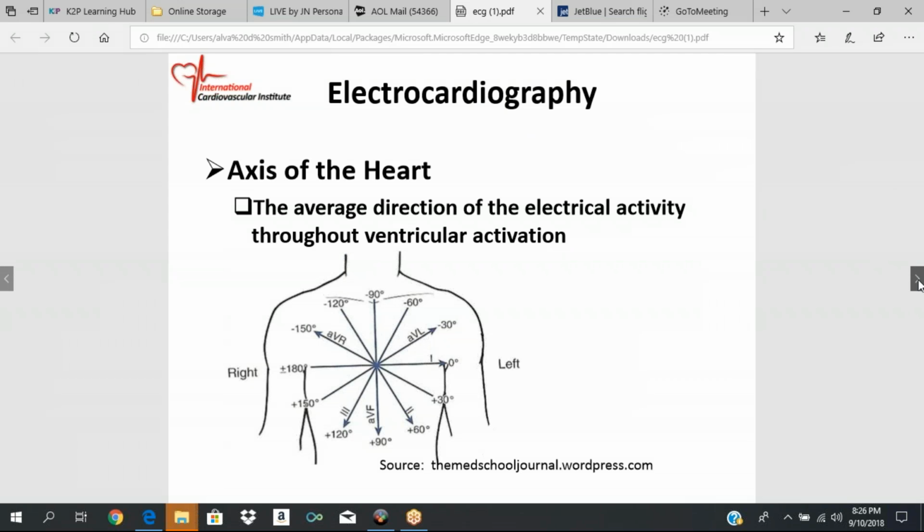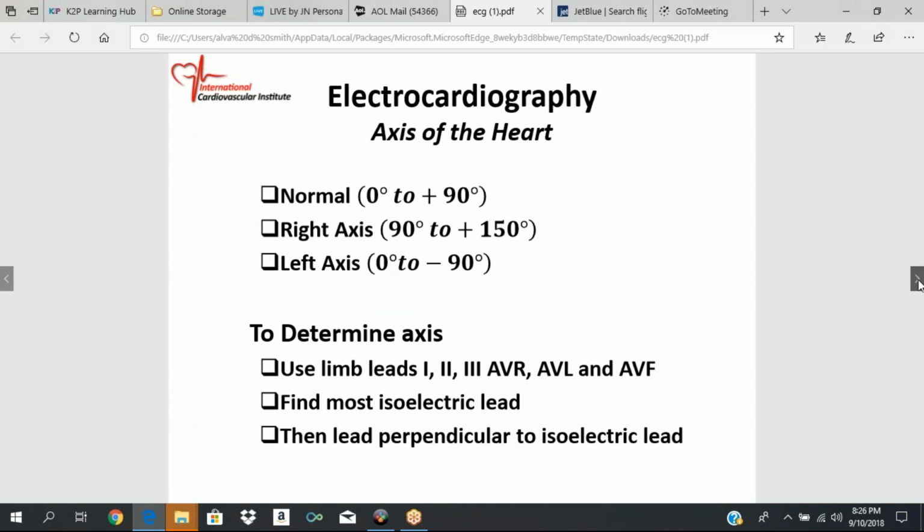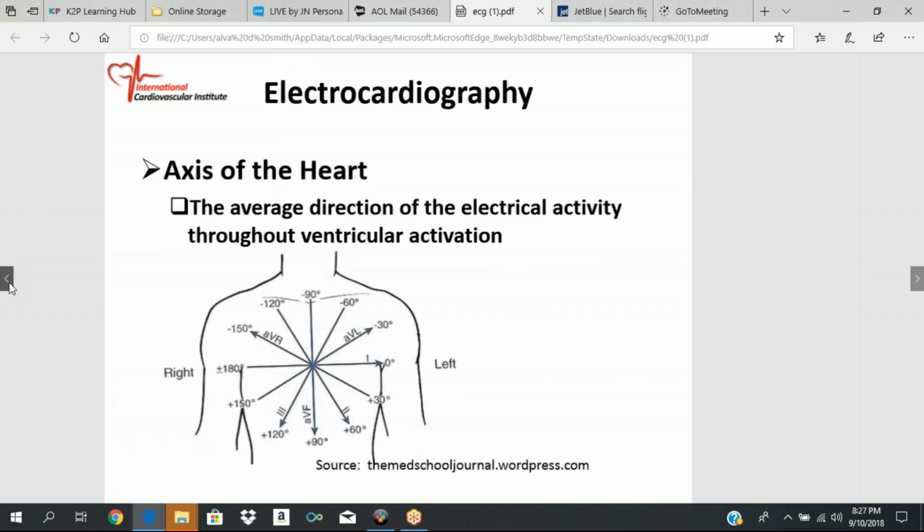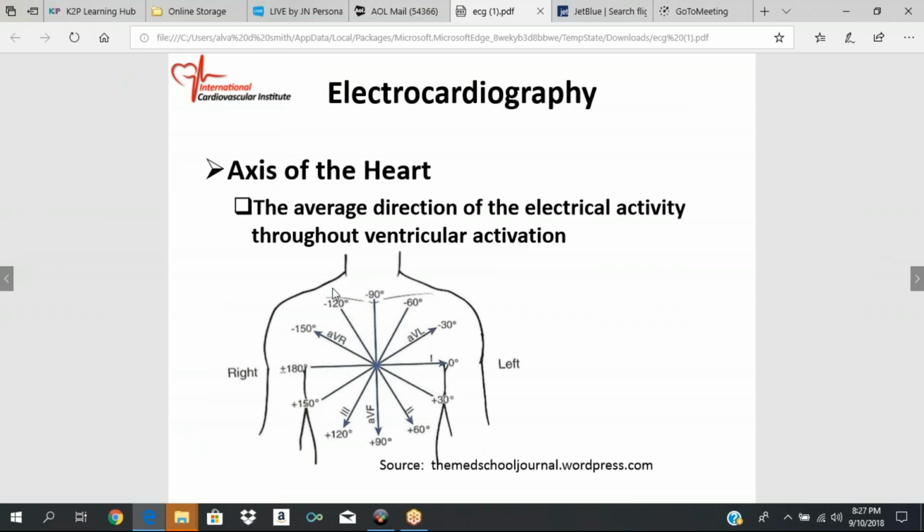All right. So what we're doing now is just looking at the axis of the heart. The normal axis of the heart is between 0 degrees and 90 degrees. So this is what we mean. Remember, we said that the impulse is going to travel from up here and it's going to come straight down, because the SA node is at the junction of the superior vena cava with the right atrium, which is about someplace over here.